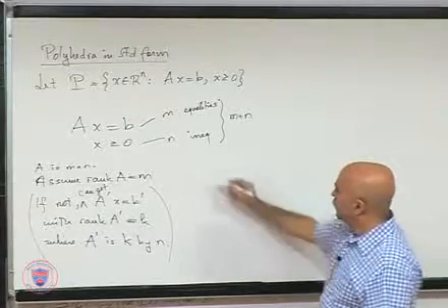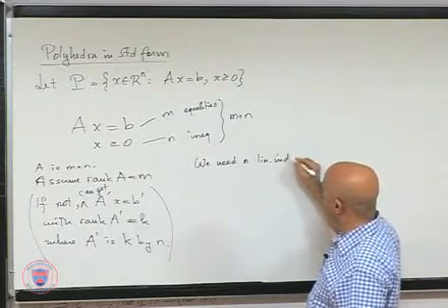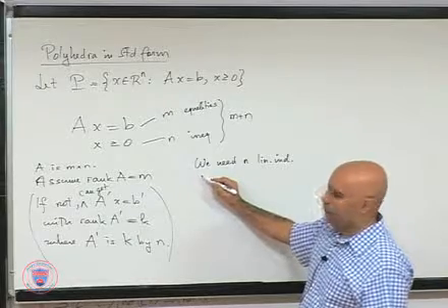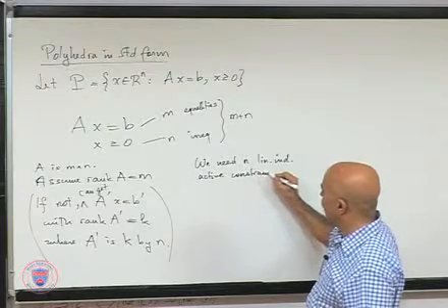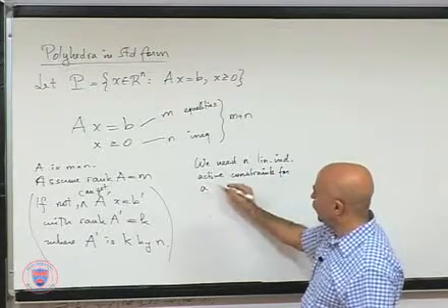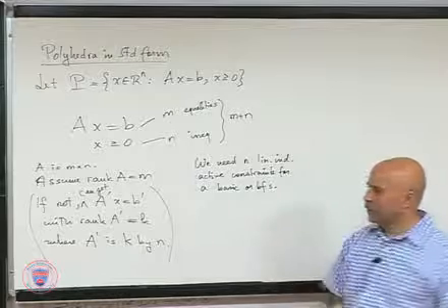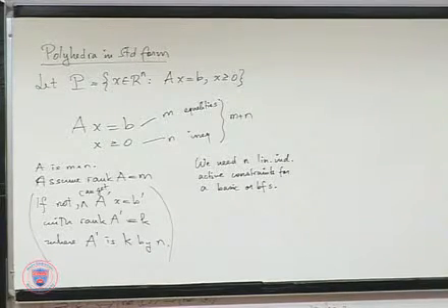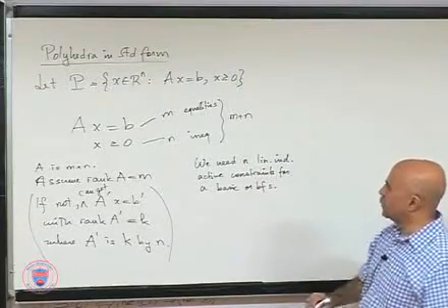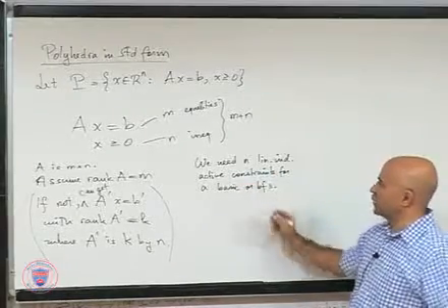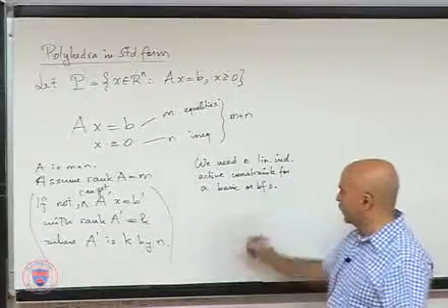How many do we need? We need n linearly independent active constraints for a basic or basic feasible solution. Those n linearly independent active constraints should surely include Ax equals b, because that's part of the definition.